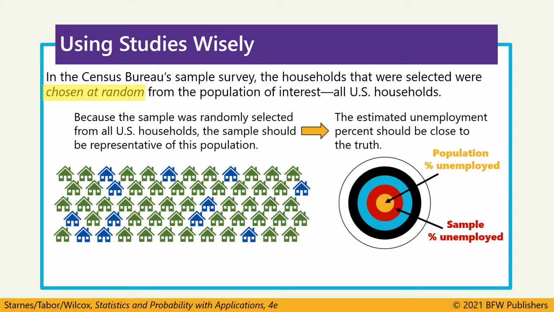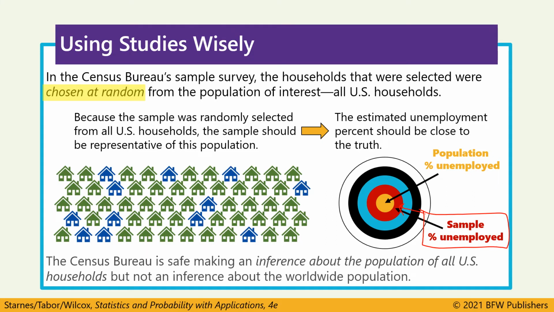Imagine it as a bullseye where the true percentage of Americans that are unemployed is the center target. We're trying to estimate that with our sample. We talked to 60,000 households, and even though that's only a fraction of the millions of households in the country, the sample statistic should be relatively close to that bullseye, that accurate number.